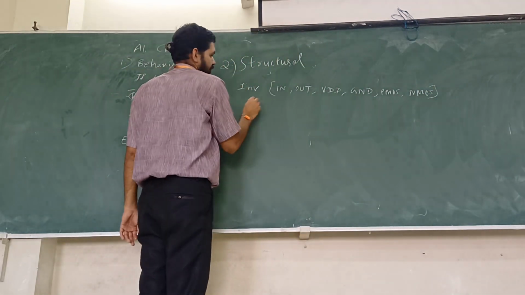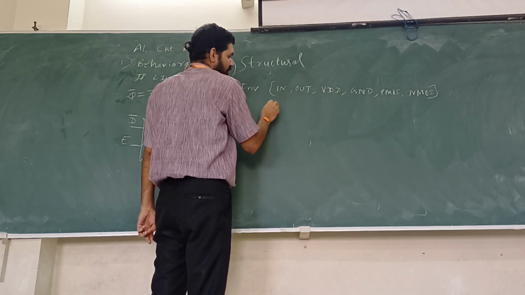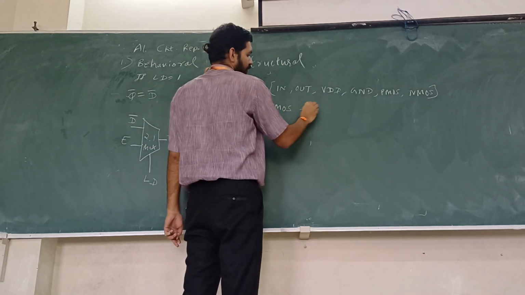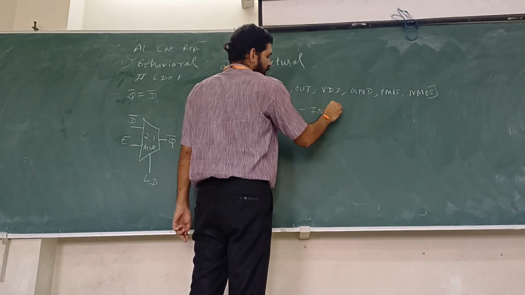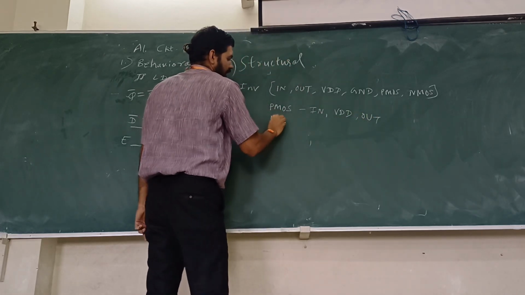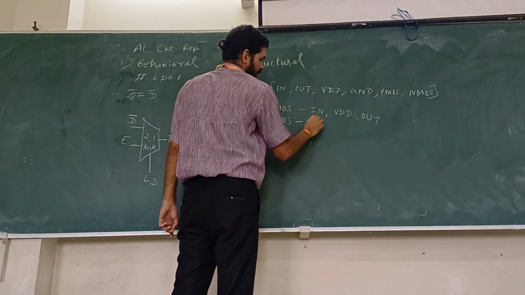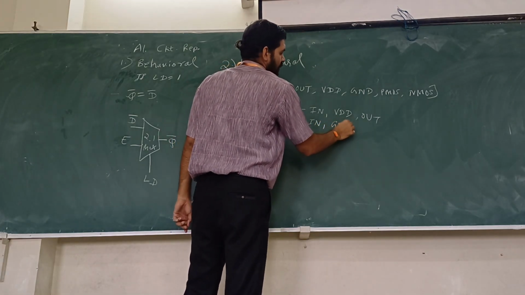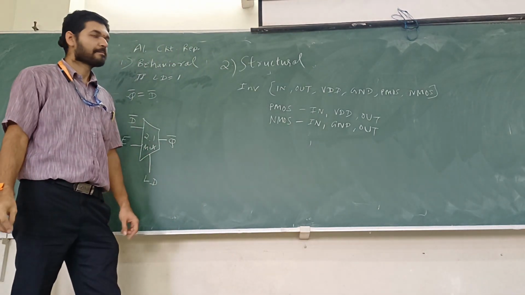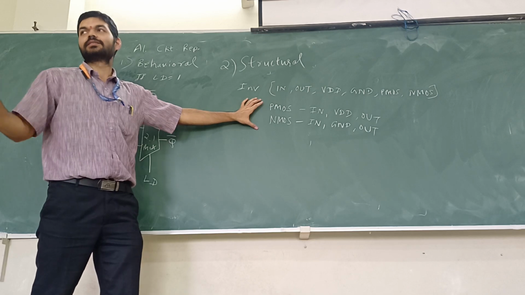So here PMOS is connected to input, VDD, output. NMOS is connected to input, ground, output. This is not the exact code.